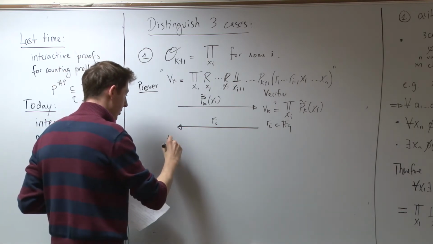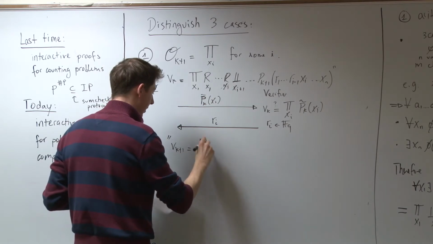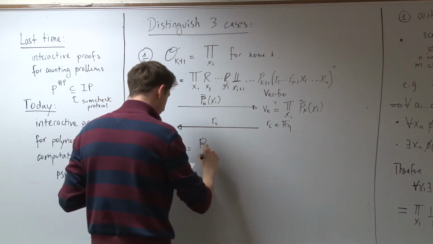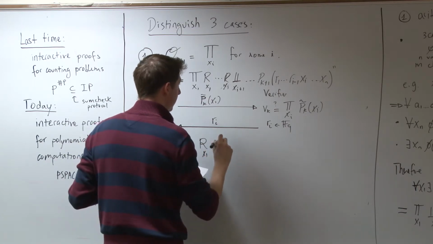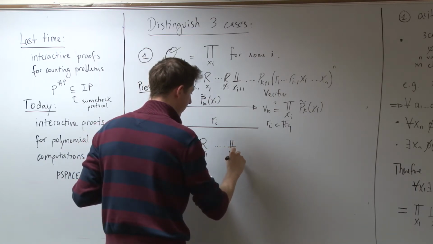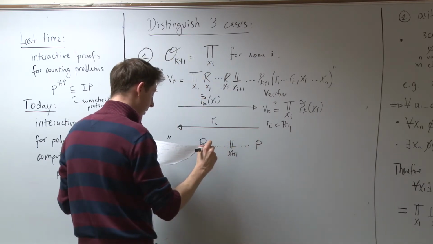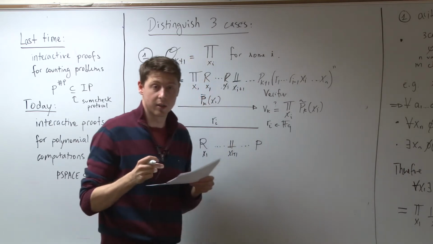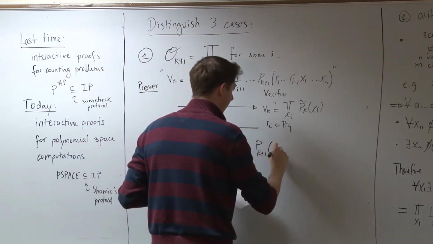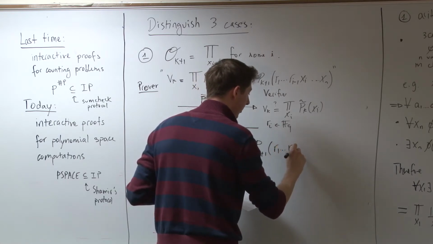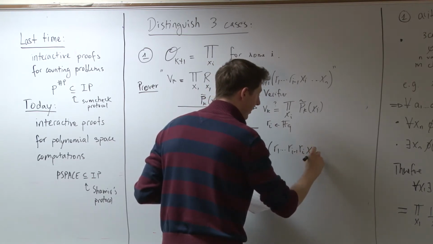The next claim is going to be vk plus 1 equals, and then here I have R of x1 up to product xi plus 1 up to, and then at some point here, in this case, the polynomial didn't change. We're still talking about pk plus 1. I just have fixed one more variable. So if I had Ri minus 1, now I have Ri, and I continue with xi plus 1.